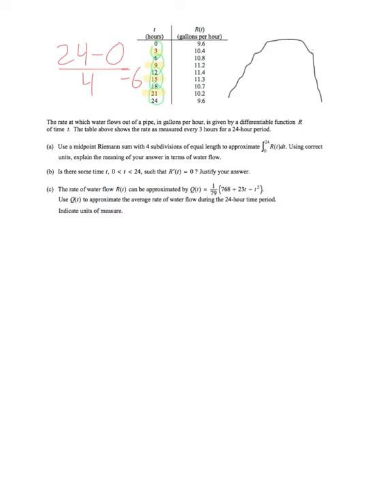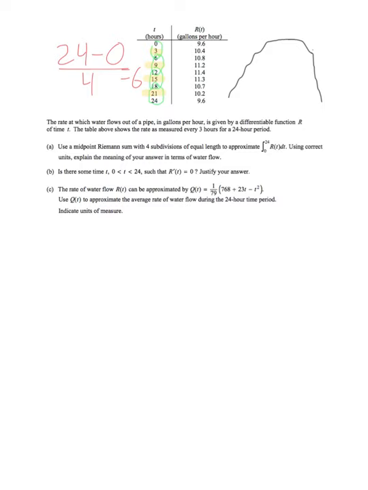But if you have the rate equation, then to find the average rate of change, you use the average value function, because that will give you the average value of whatever function you have. And since the function we have is the rate of change function, when I want the average rate of change, I want the average value of that function.